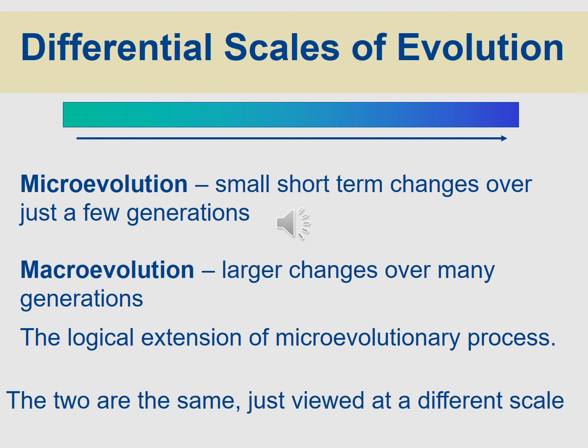Macroevolutionary changes are basically the logical extension of microevolutionary changes, but now we're talking about larger swaths of time and generations. So macroevolutionary changes would be talking about, what we're going to discuss in the last part of this course, the transition from apes to us in the fossil record. And that's talking about millions of years of time, right?